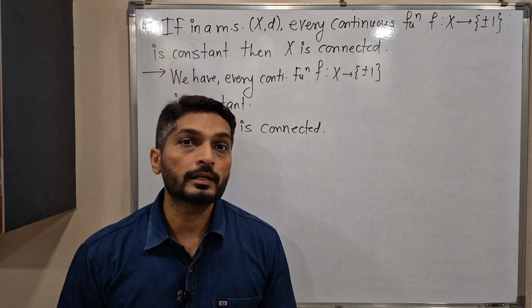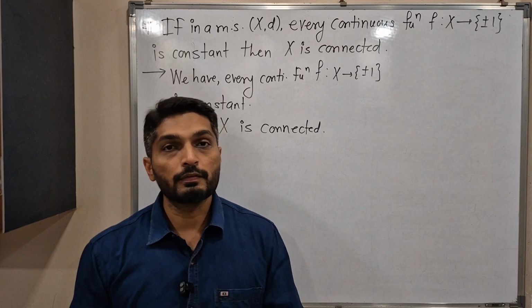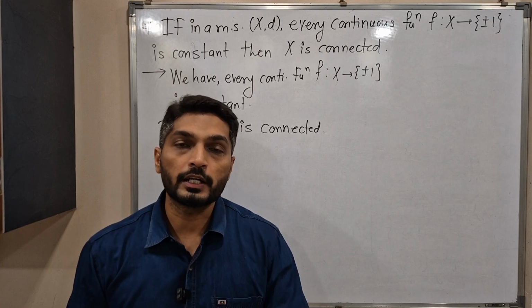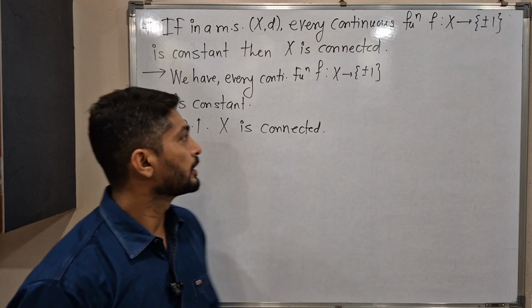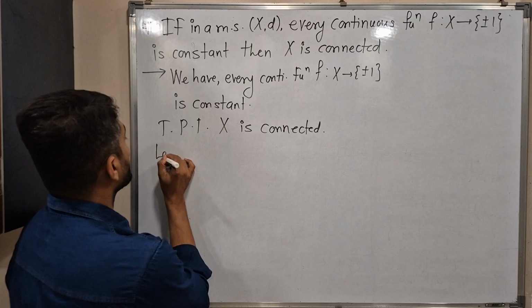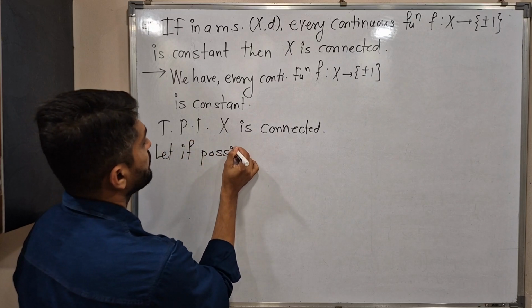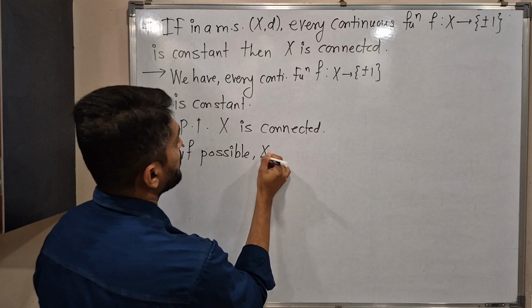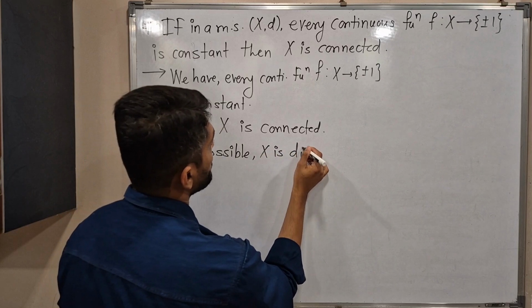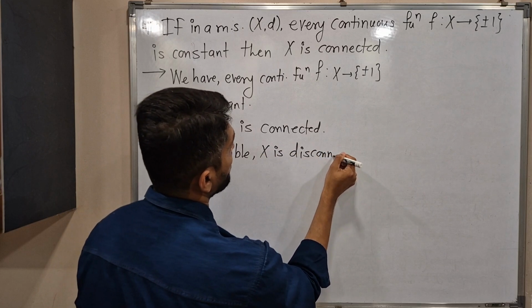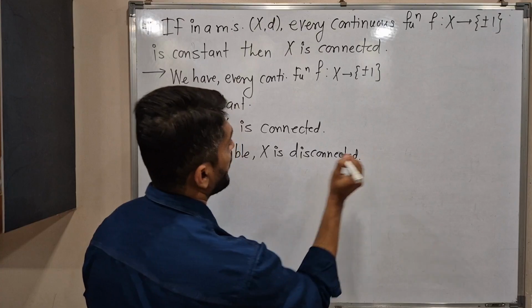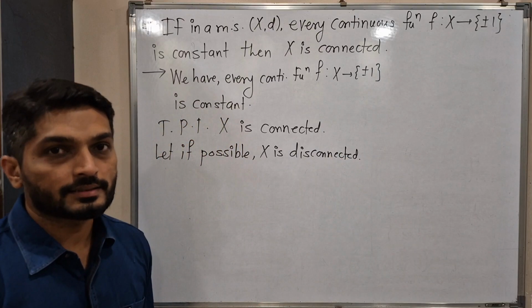At the end we will get a big contradiction, then we will rectify our statement and get the required result. So let, if possible, X be disconnected. I am assuming that X is disconnected.